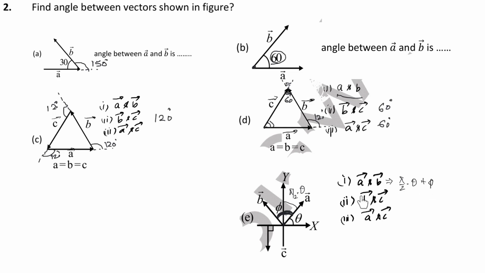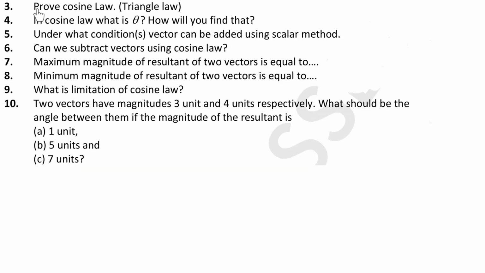Now for vector B and C, let us redraw vector C from this position. So this is vector C. So this will be the angle. That angle is 180 minus phi. Between vector A and vector C, this is the angle, which is 90 plus theta.